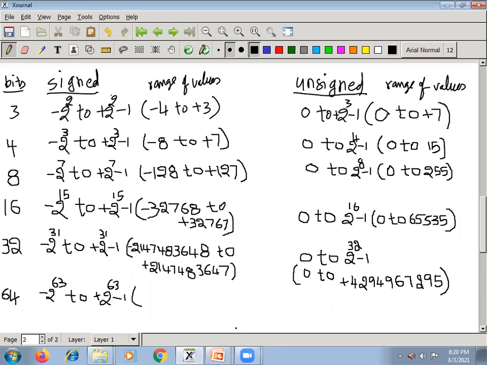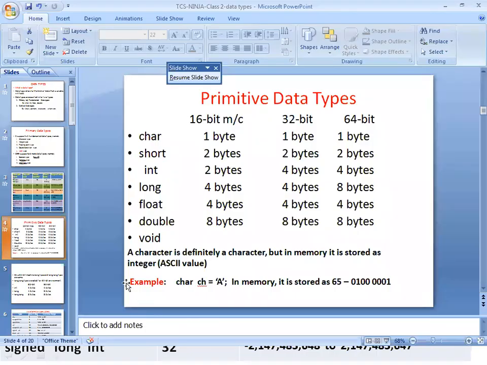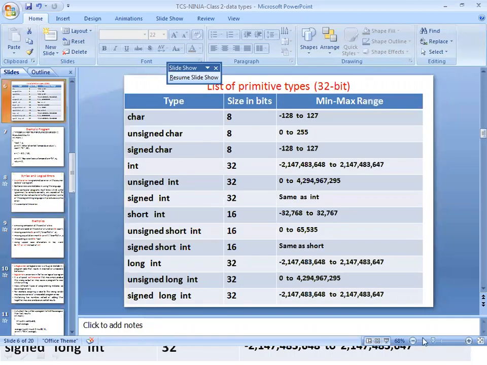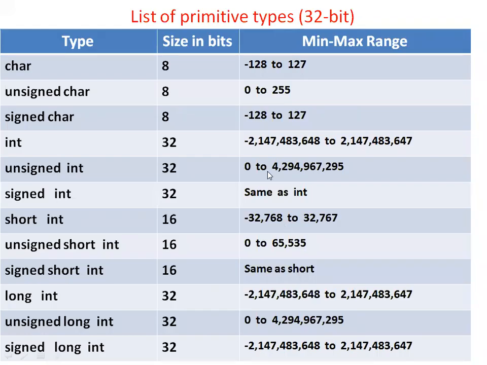This is okay. This range of values you can write down afterwards for 64-bit machines. Now just see here. Unsigned int is this one. Signed int is the same as int. Int means by default it is signed int. Please remember.